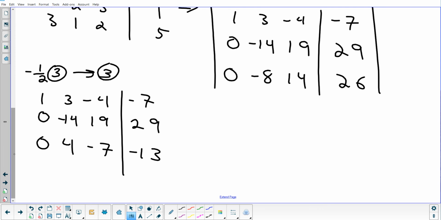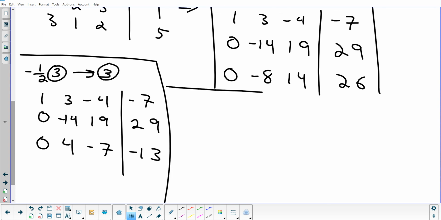I just wanted this number to also be positive because I'm trying to get it to be a 1, because now I'm going to swap it with row 2. Right? I don't mind working with a denominator of 4 as much as I do a denominator of 14. All right, let me double check. 0, 4, -7, -13. Okay, so that's that step.